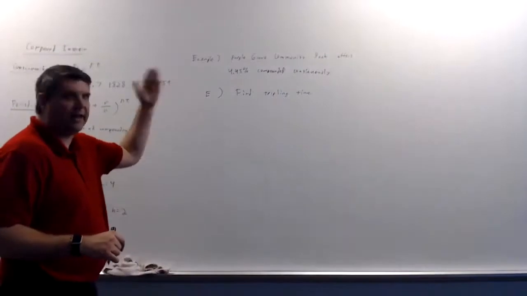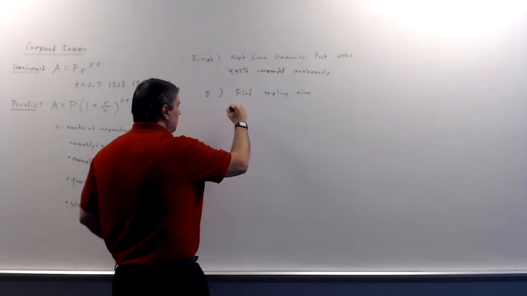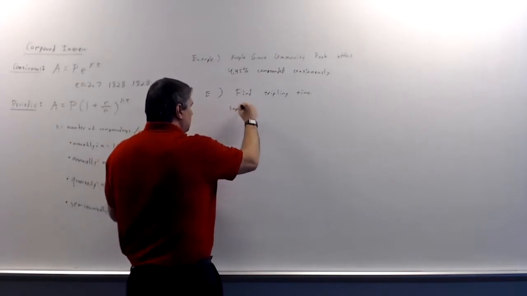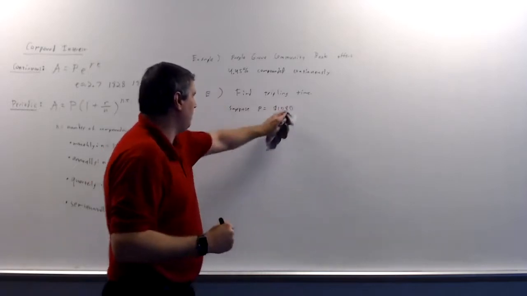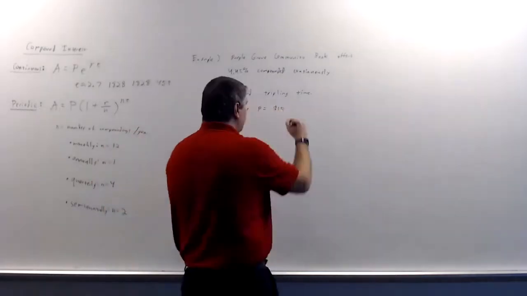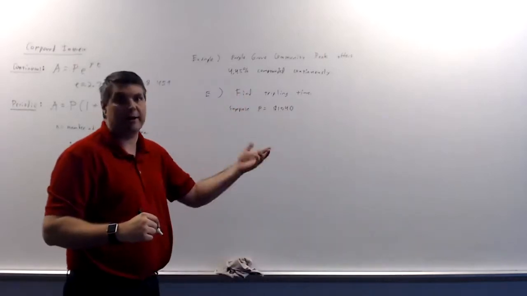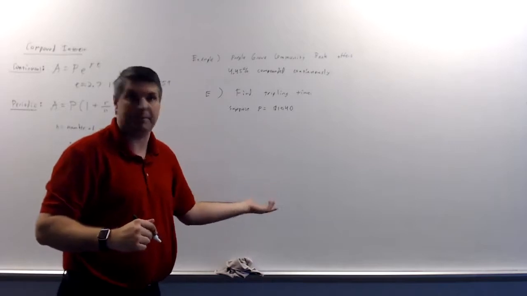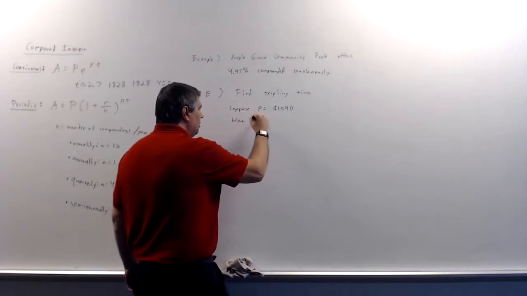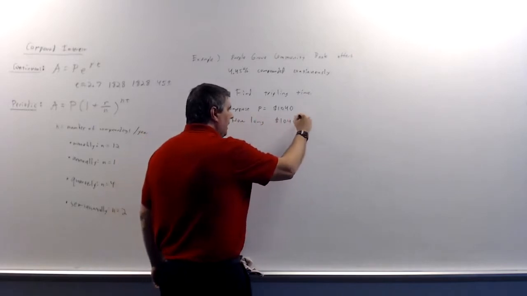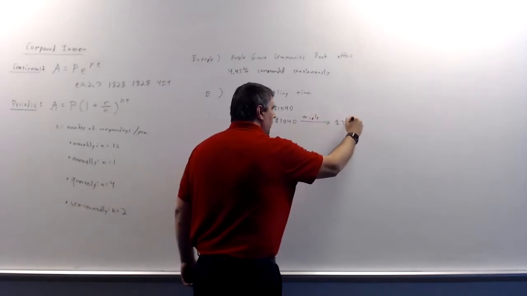Analogously, part E, find the tripling time. So let's suppose P is 1040, which is what we've been using for our deposit. For the purposes of finding tripling times or doubling times, you can make up any number and triple it. That's pretty much all you have to do. So suppose P is 1040. How long for 1040 to triple to 3120?